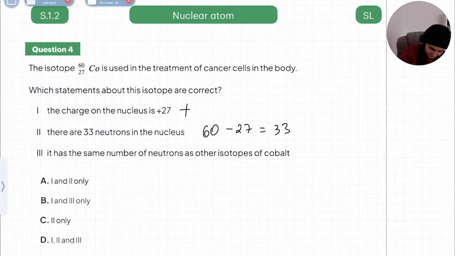So this is correct: top number minus bottom number. And it has the same number of neutrons as other isotopes of cobalt. Well, that's wrong, because by definition, isotopes are atoms of the same element that have the same number of protons but a different number of neutrons, so they cannot have the same number of neutrons, so not 3. It means that it's 1 and 2 only.